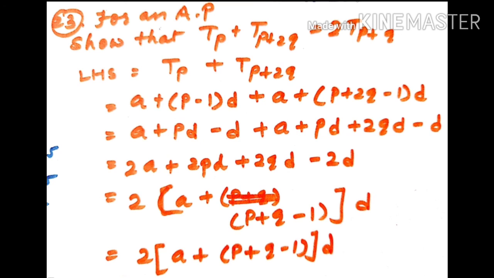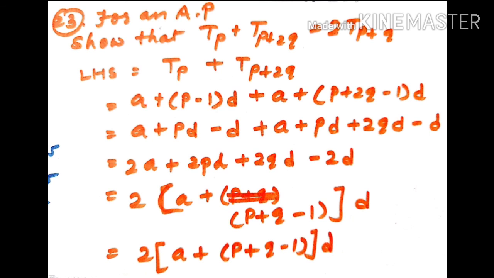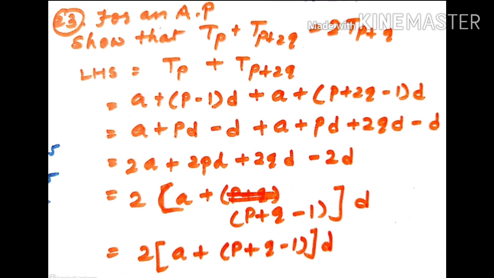Now to solve this, I open the brackets and multiply accordingly. A plus PD minus D plus A plus PD plus 2QD minus D. Here I have multiplied D into the bracket. Now we have to arrange the terms accordingly. You see, A plus A is 2A, then PD plus PD is 2PD, plus 2QD as it is, and minus D minus D becomes minus 2D.